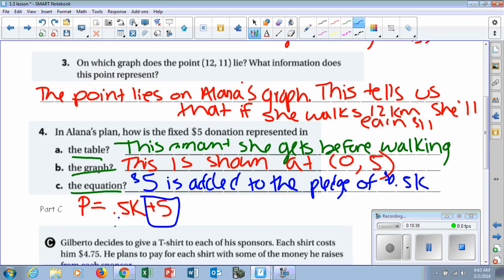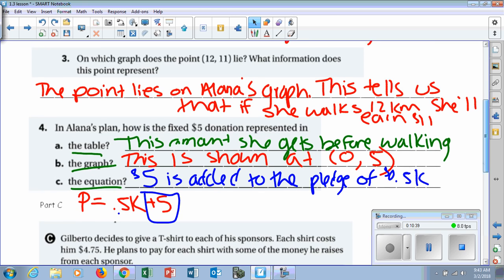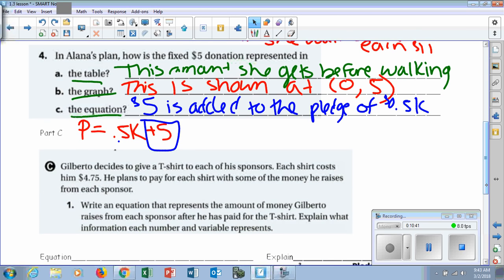So now if we go on to see where I was reading before, it says, write an equation that represents the amount of money Gilberto raised from each sponsor after he paid for the t-shirts. Explain what information each number and variable represents.